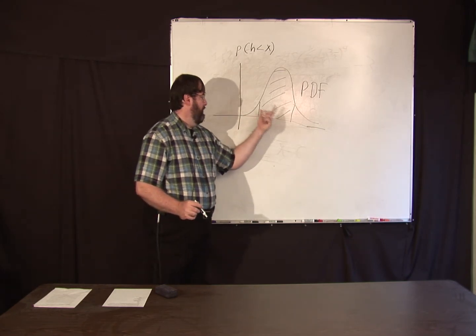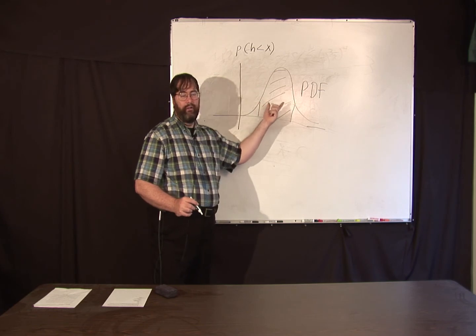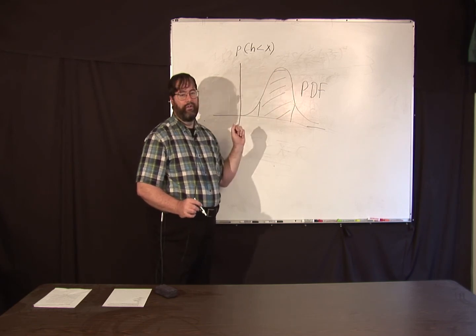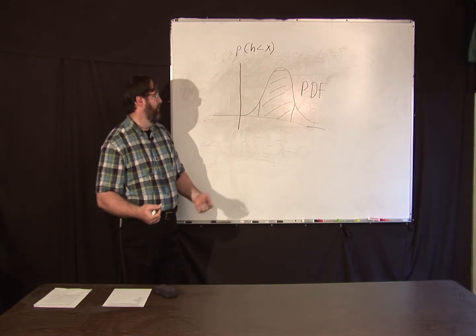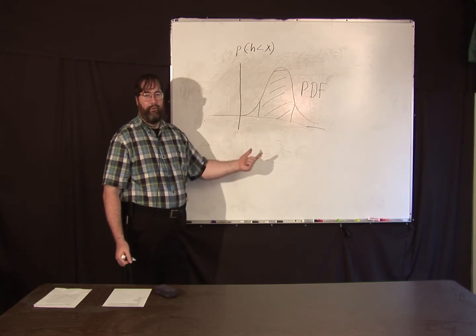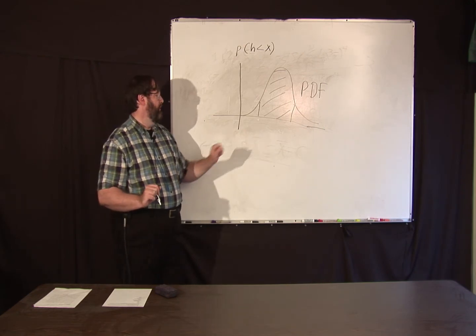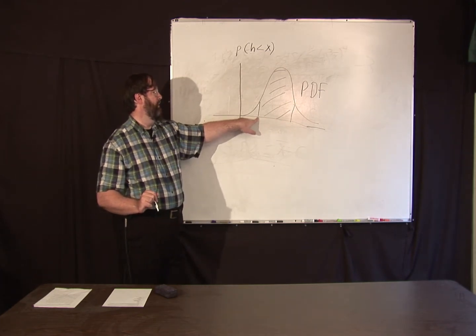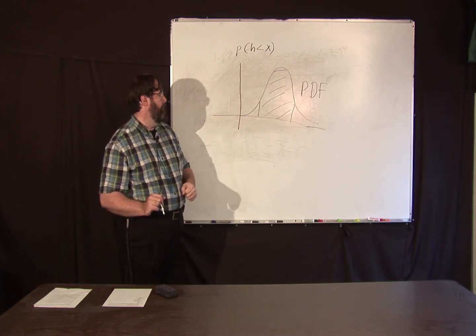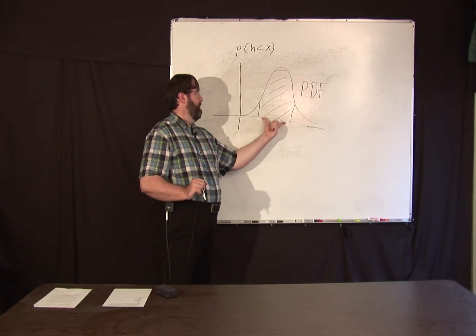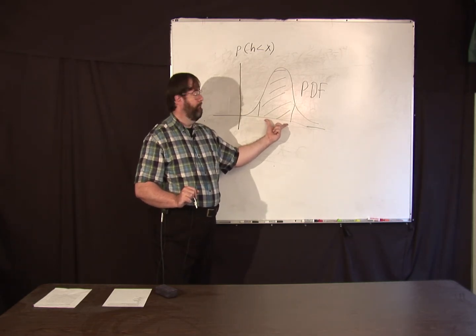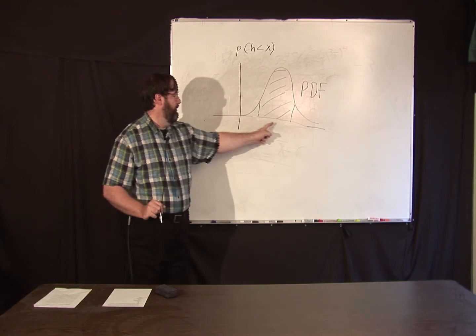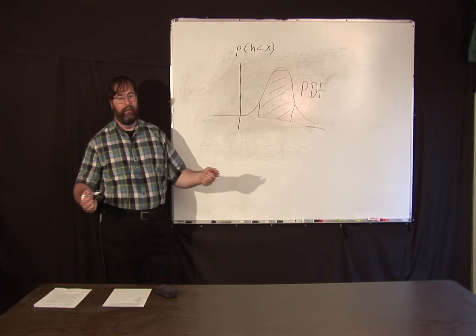And so in a PDF, since this is a derivative of this function of probability less than a certain value, to get back to the other one, you integrate. So the area under this curve tells you the probability of the value you're measuring being within the bounds you integrate from. So if you integrate in the tails here, that'll tell you the probability of being in the tails.